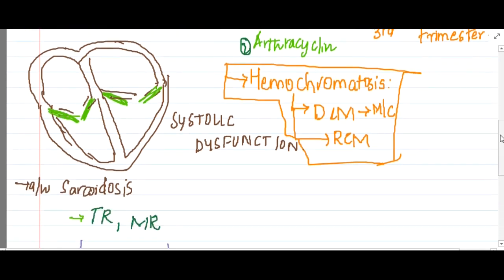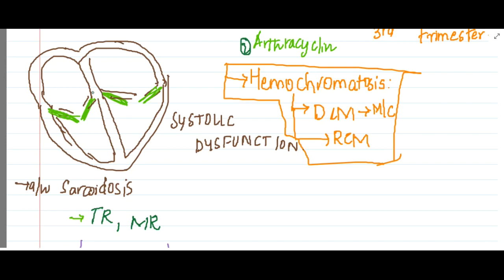Now morphologically, the heart is usually enlarged, heavy and flabby, due to dilatation of all the chambers of the heart. Because of this, the valves, especially the mitral and tricuspid valves, will also get dilated, resulting in regurgitation.